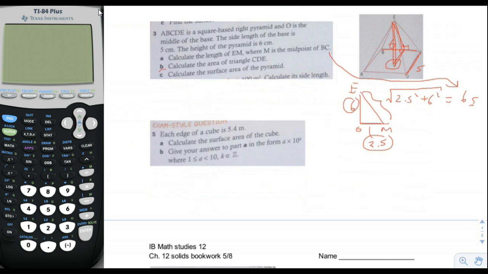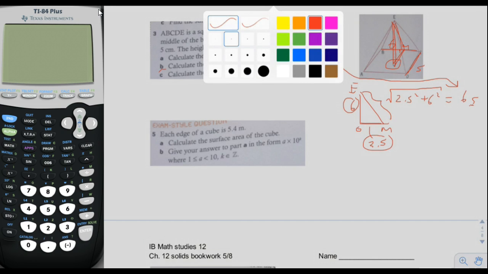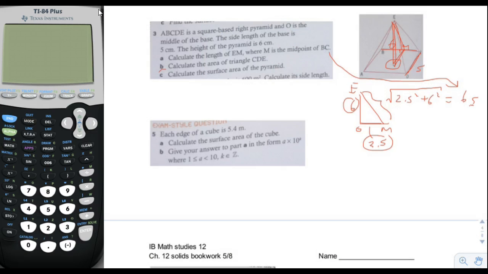B, calculate the area of the triangle CDE. So CDE is this triangle here. It's one side of the pyramid. So CDE looks like that. And the bottom of CDE is 5.